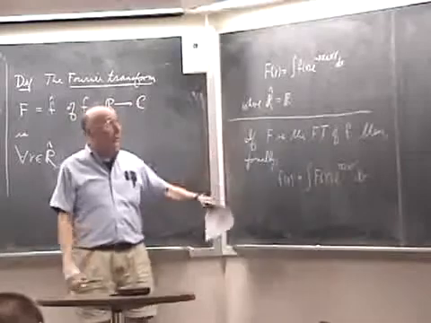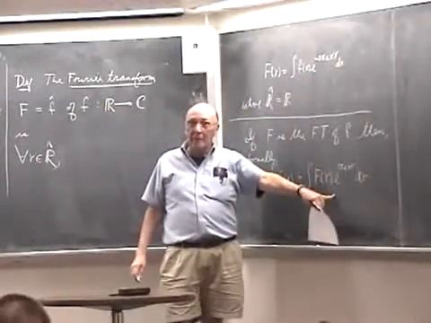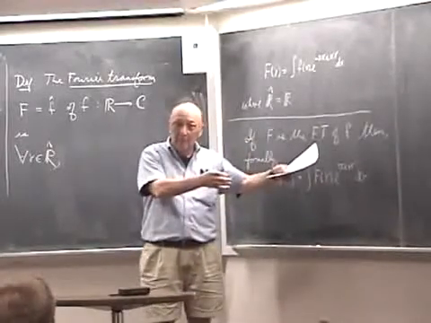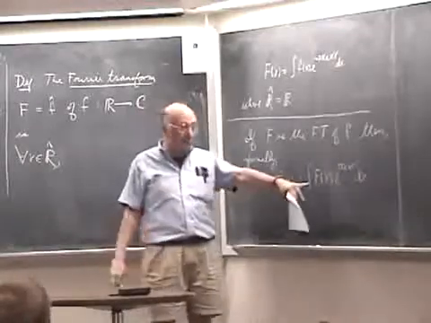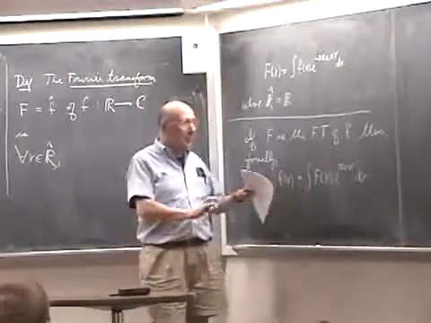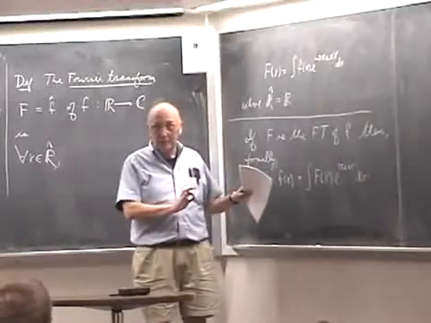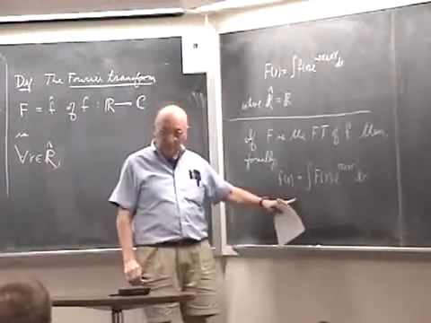The only difference here is there's a minus sign there and there's a plus sign there. So if I compute the Fourier transform of something, then the original function itself can be written down in terms of that Fourier transform. At least formally. This is not always true, this formula. But it's a remarkable fact.